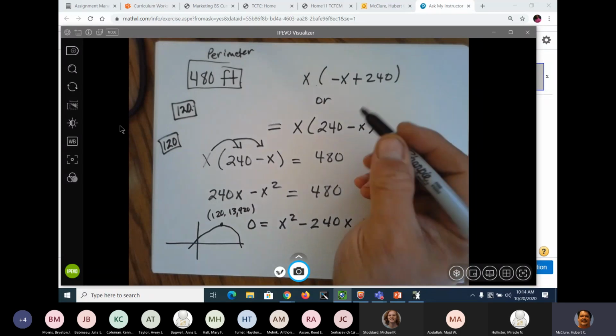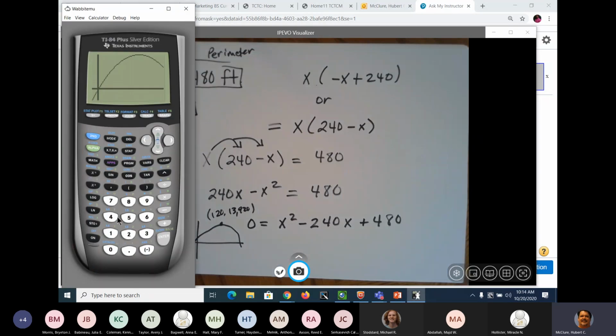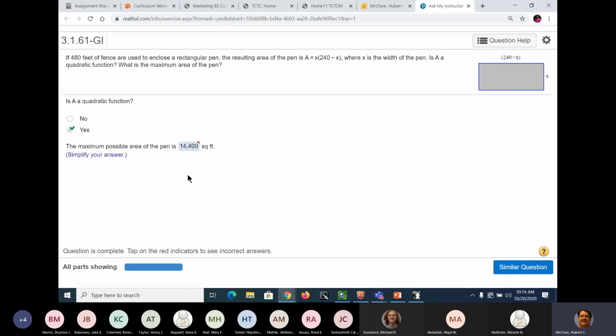And 120 times 120 is the maximum area. So I must not have plugged it in. So 120 times 120. There it is, 14,400. Is that what they got? Yeah, I didn't plug it back in.